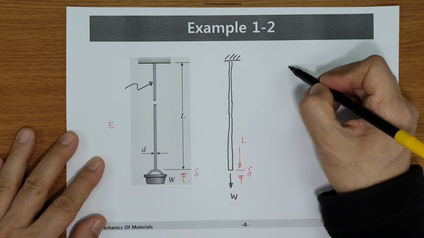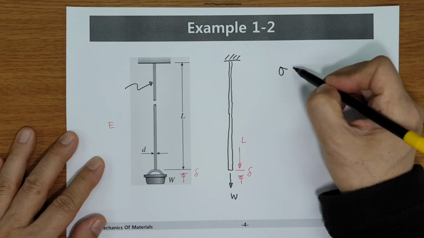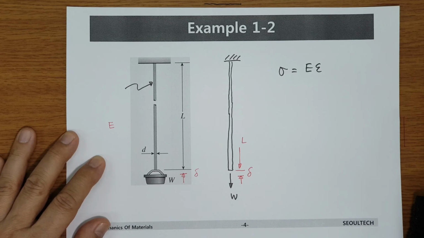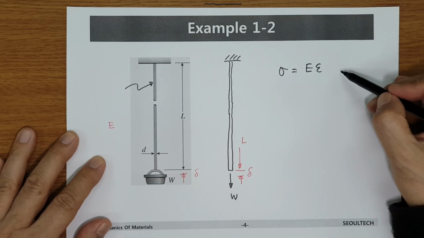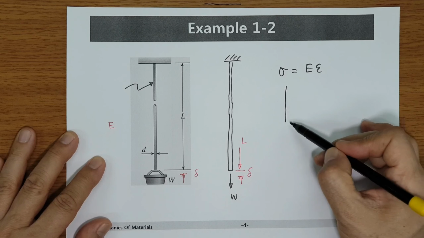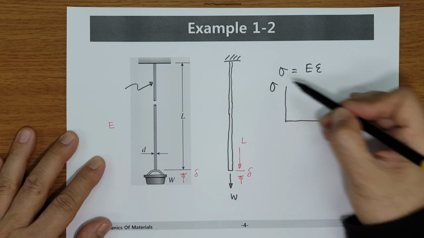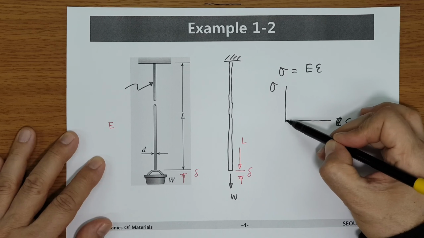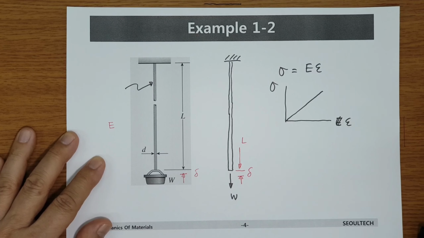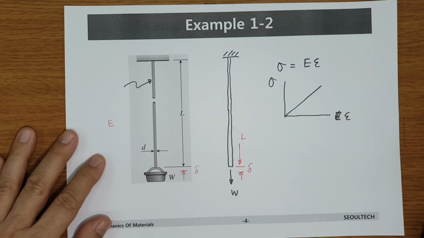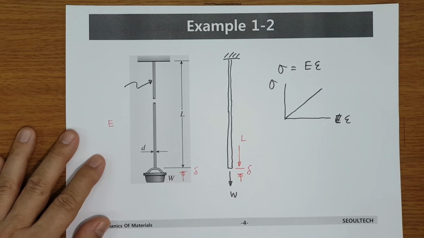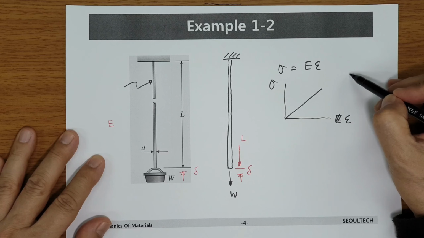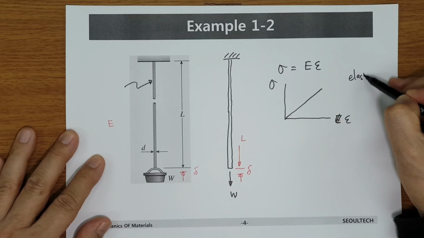Then we can apply sigma equals E epsilon. Actually, this is Hooke's law. When you draw a sigma-epsilon curve, there is this kind of linear relationship, which is considered in the elastic range.